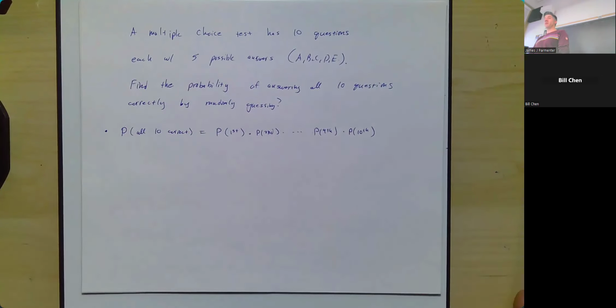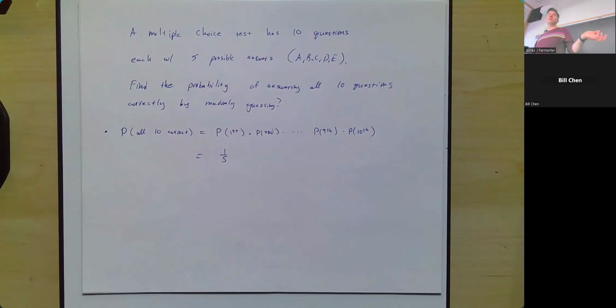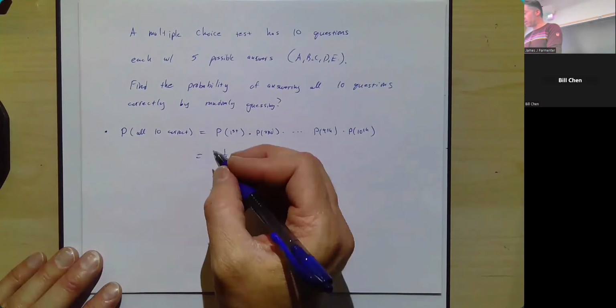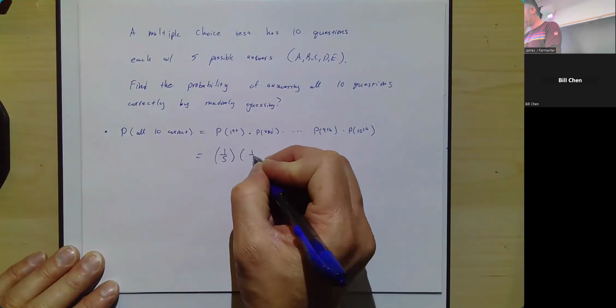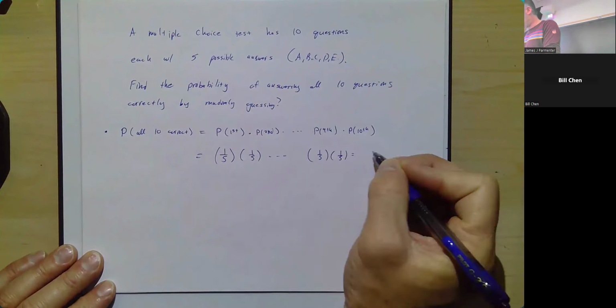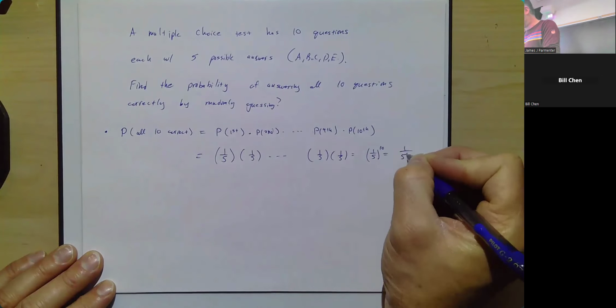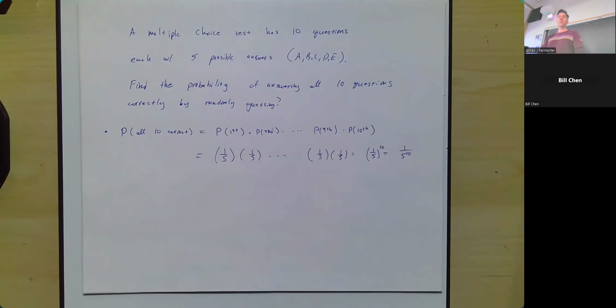And each of those probabilities is what? What's the probability of getting the first one right if I just guess? 1 out of 5. And that's the same for all of them, right? Each question has a 1/5 chance of guessing it correctly. Or as I would probably prefer to write, 1/5 to the 10th, which is super duper small.